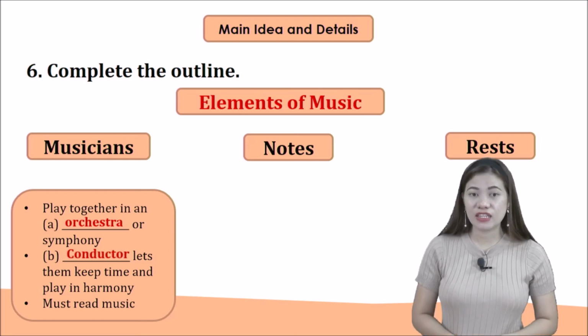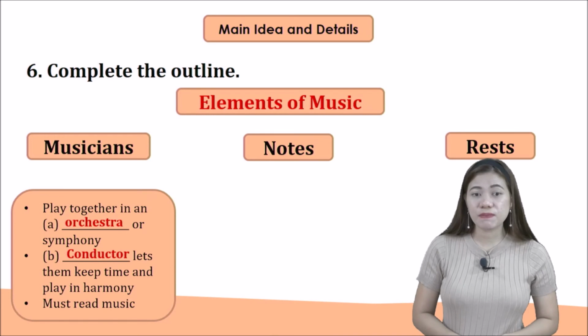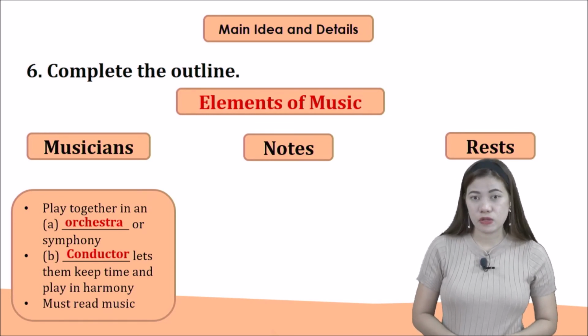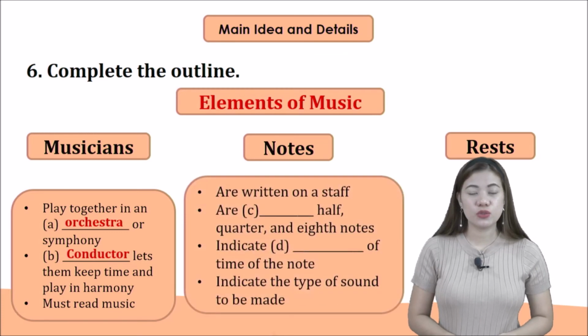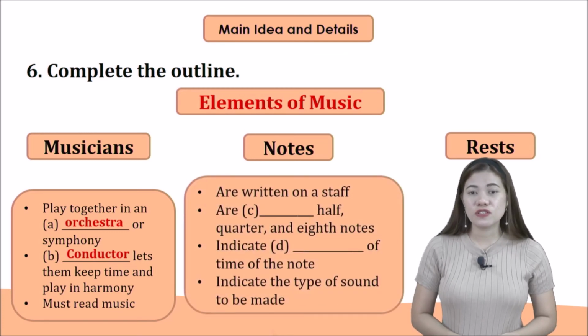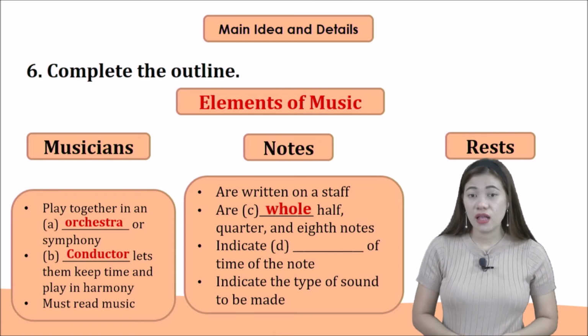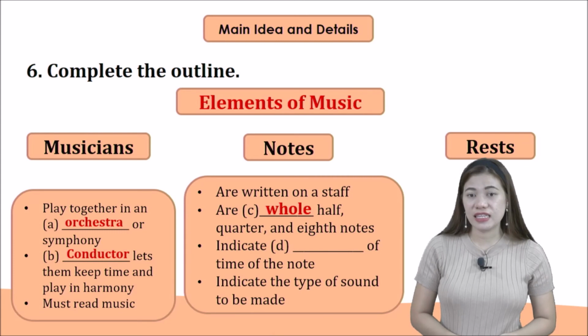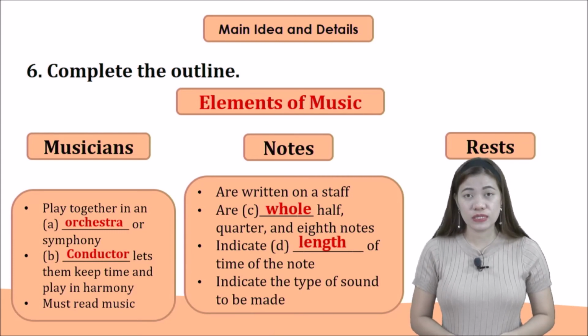The conductor lets them keep time and play in harmony. They must read music. Under notes category, notes are written on a staff or whole, half, quarter, and eighth notes. Indicate length of time of the note, indicate the type of sound to be made.